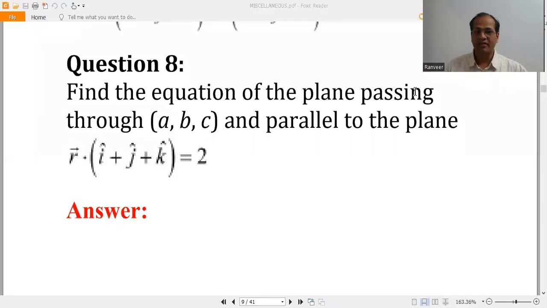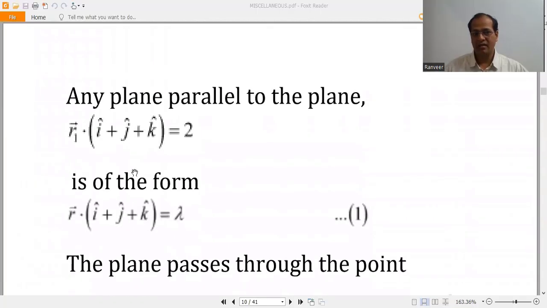Question number 8. Find the equation of the plane passing through (a, b, c) and parallel to the plane r dot (i plus j plus k) equal to 2. Now, any equation of a plane which is parallel to another plane, we write in this form.